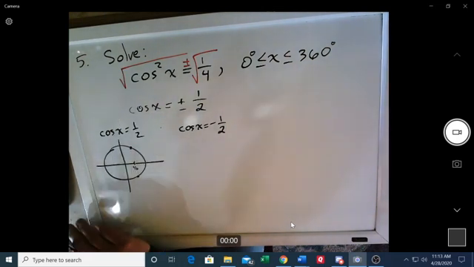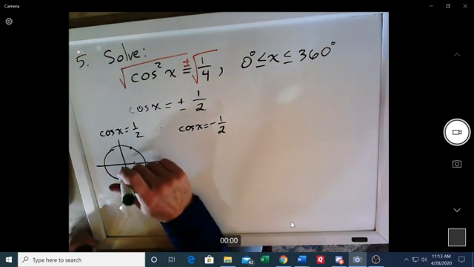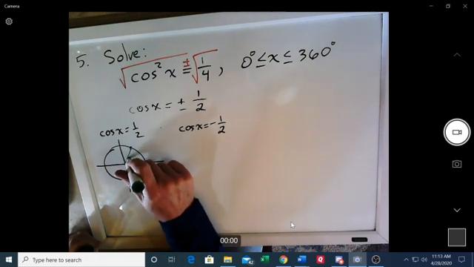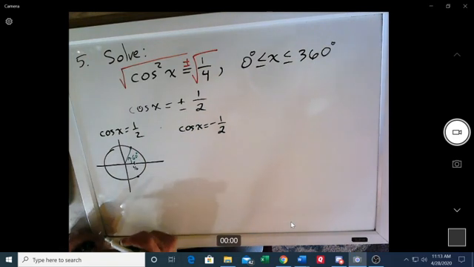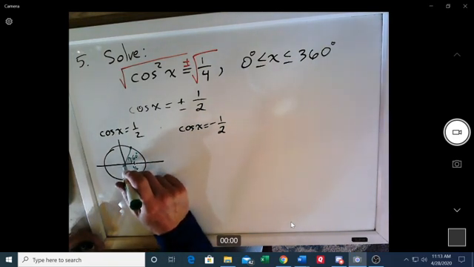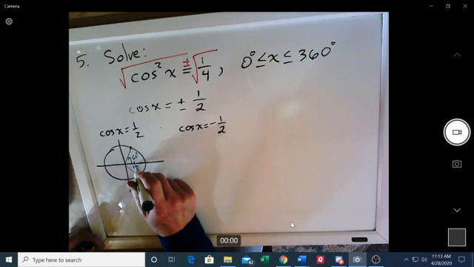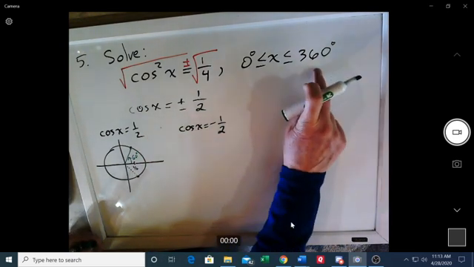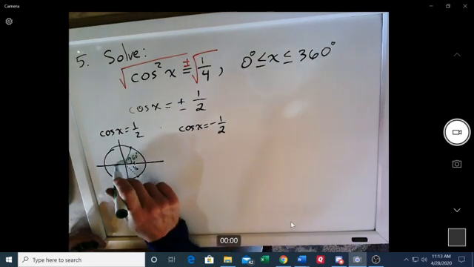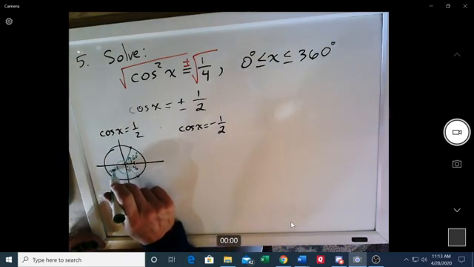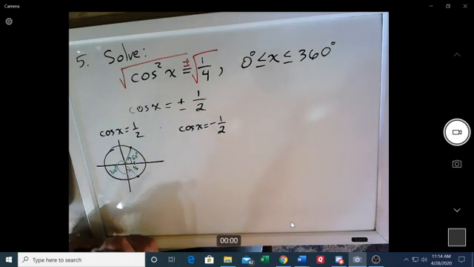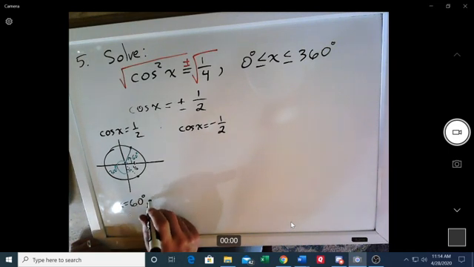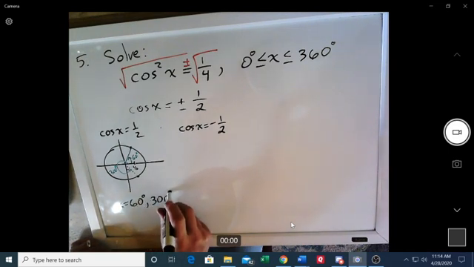And this angle is a 60-degree angle. And this angle down here would be negative 60, but I have to be between 0 and 360, so I'm going to take it to be 300 degrees. So I'm going to get two answers. X equals 60 degrees and 300 degrees.